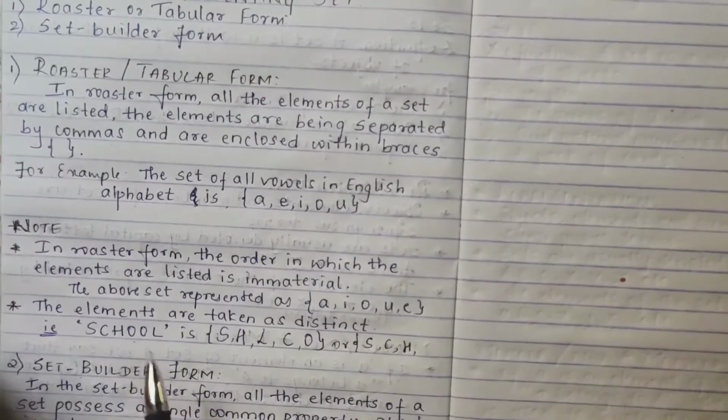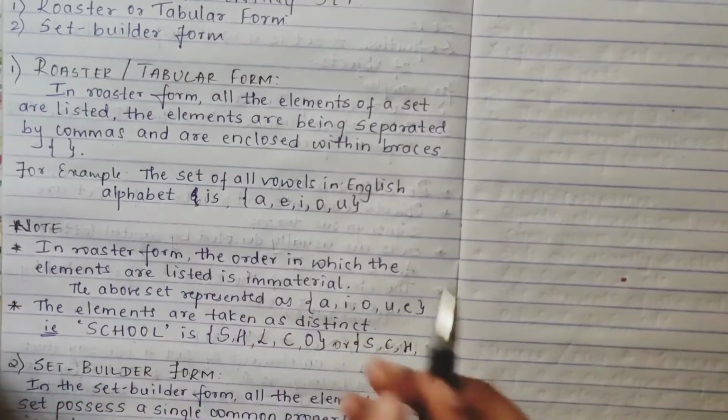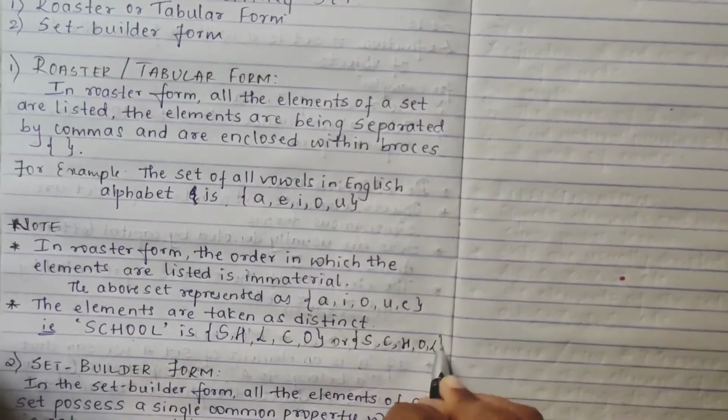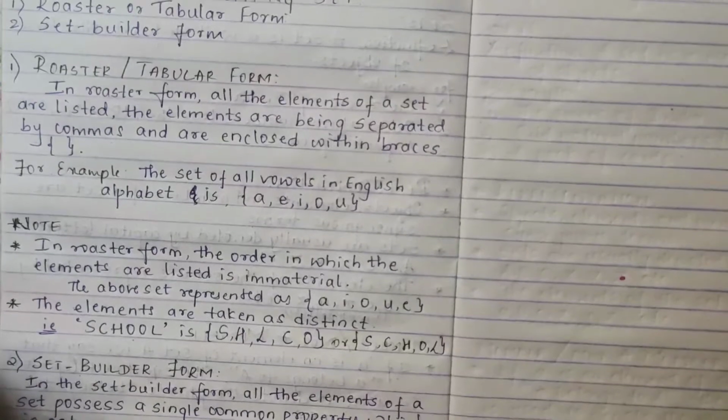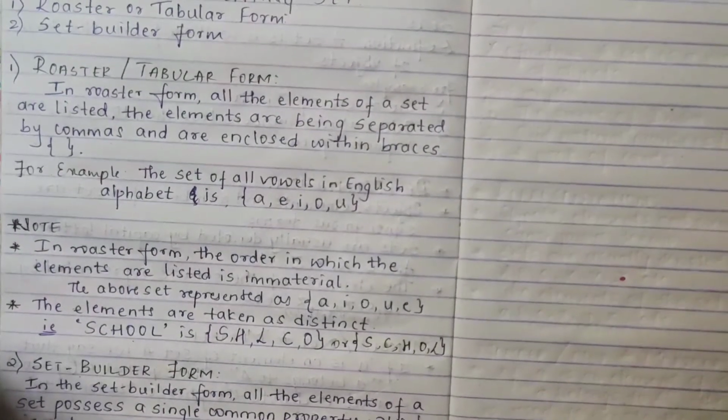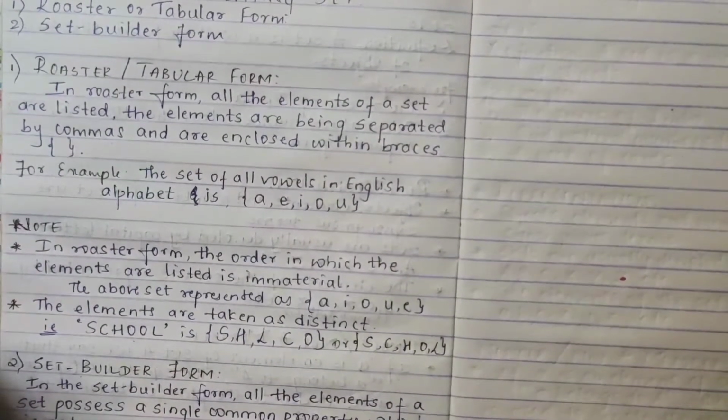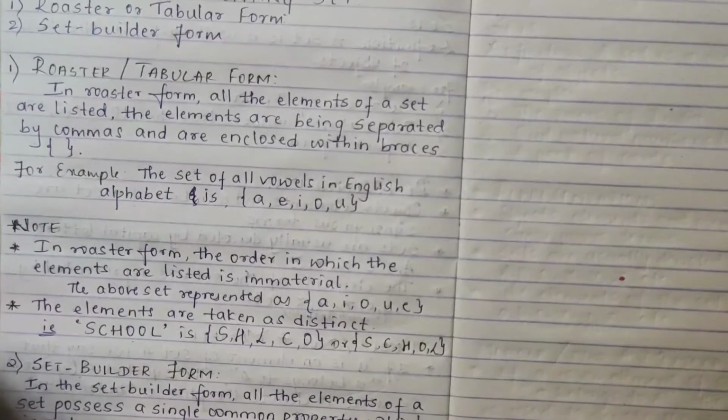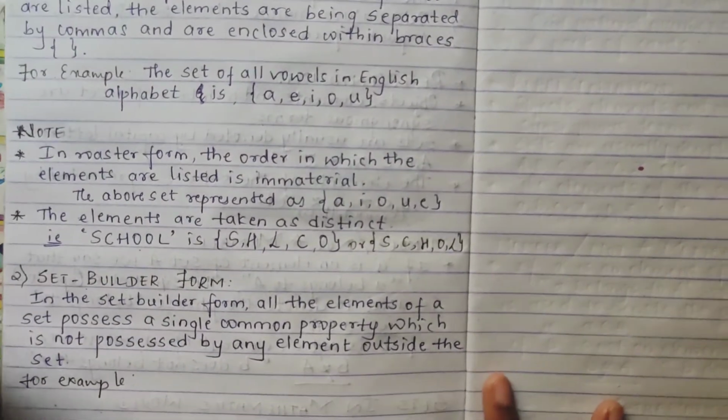If you have such alphabets that are repeated, you have to write just a single letter. O, L. Finished. If A is repeating, if E is repeating, just write it once, don't repeat it.